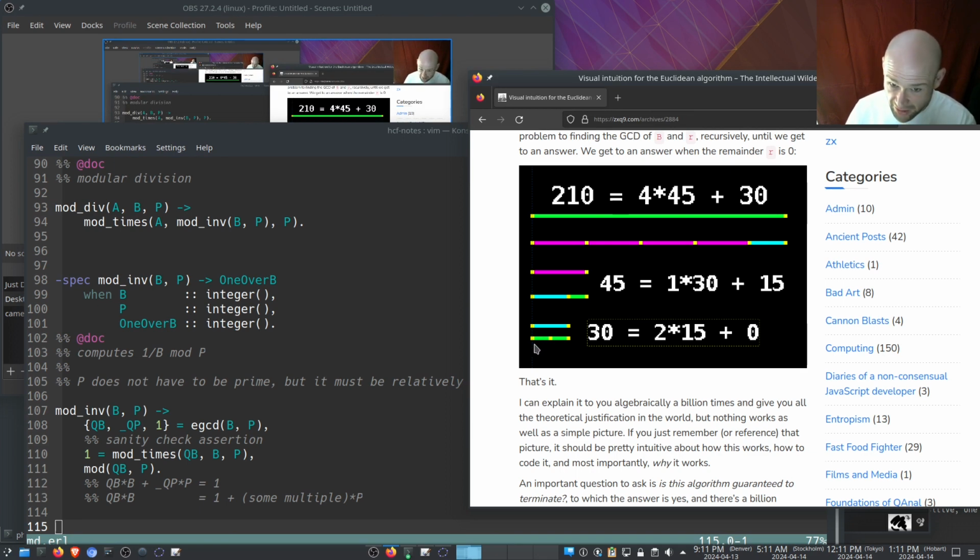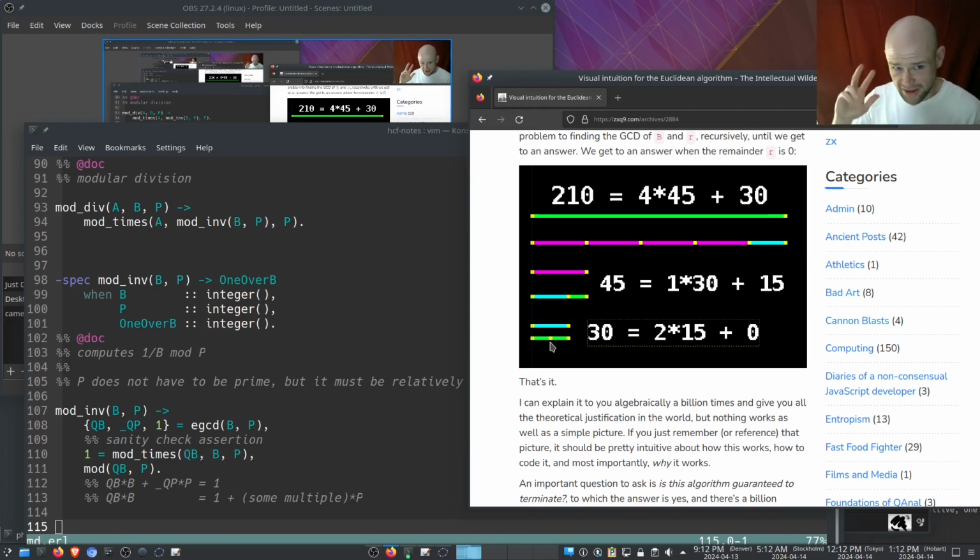And likewise, any combination of 210 and 45 is going to be some multiple of the GCD. So it's not possible to get anything smaller than the GCD, and anything bigger that you get is also some multiple of the GCD.